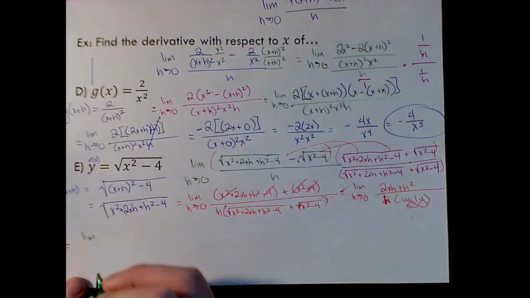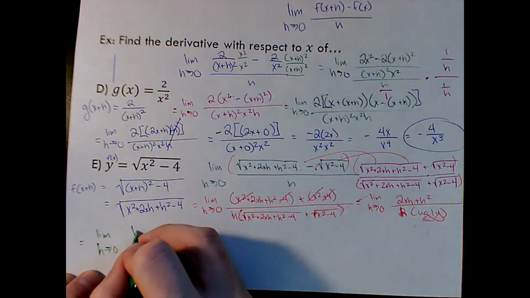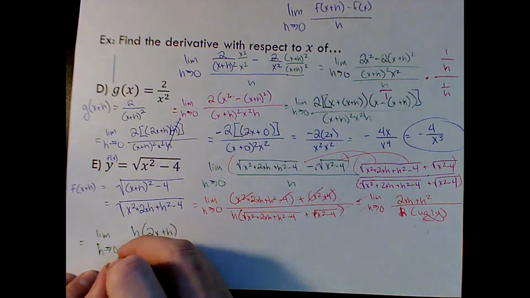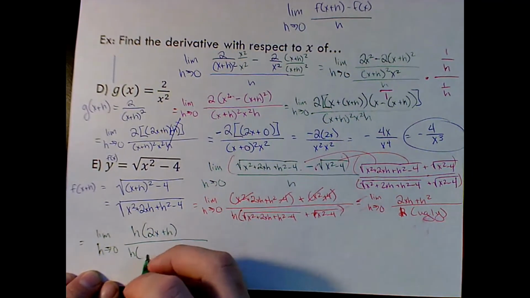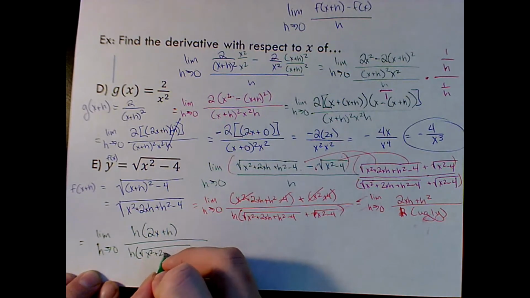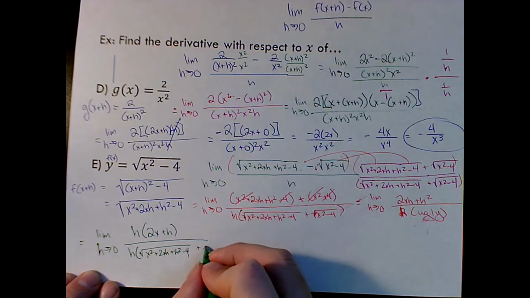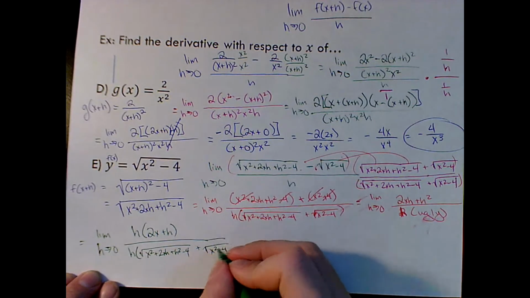If you take the top part, notice that you can bring an h out. I have 2x plus h, regular h, over h times that ugly. So let's bring the ugly back. Square root of x squared plus 2xh plus h squared minus 4 plus the square root of x squared minus 4.